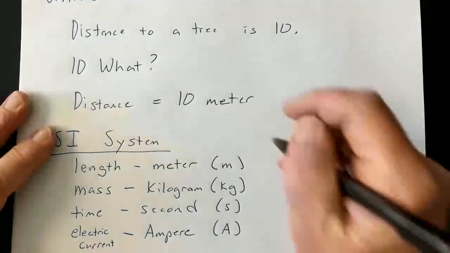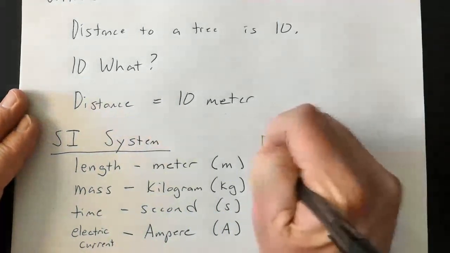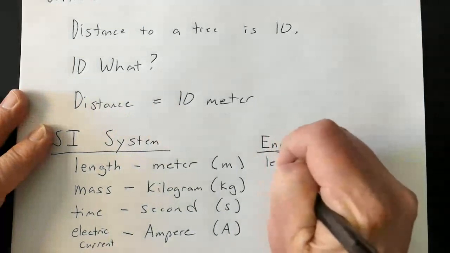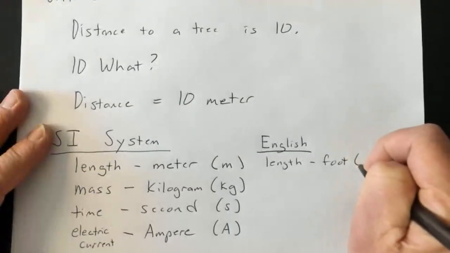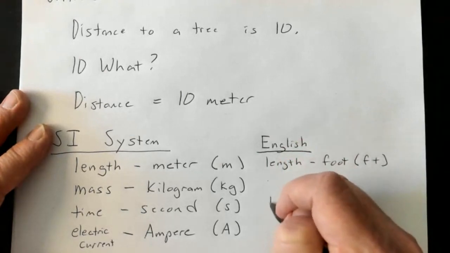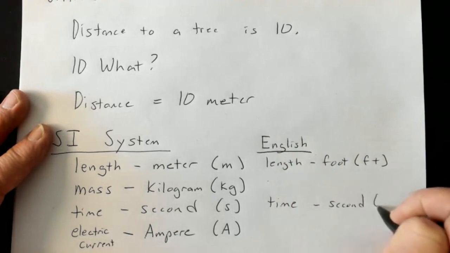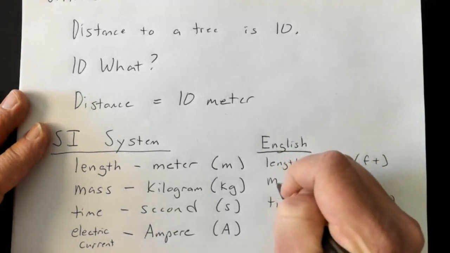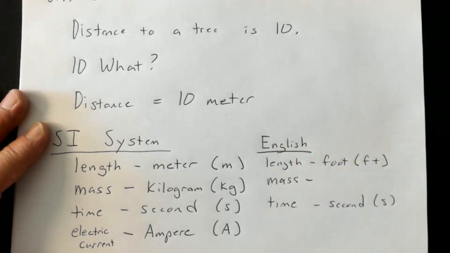Now, the other major system that we use is the English system of units. In that system, the length is a foot. Time is a second. Now, if you're really interested, this is always a good trivia question: what is the unit of mass?